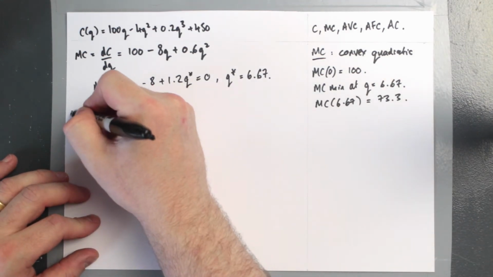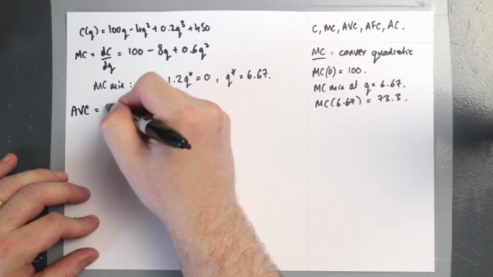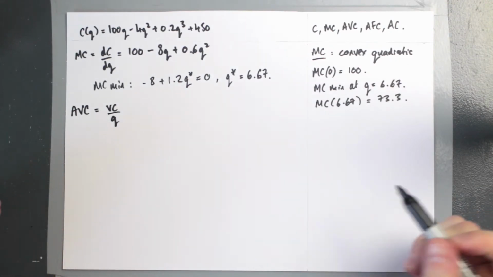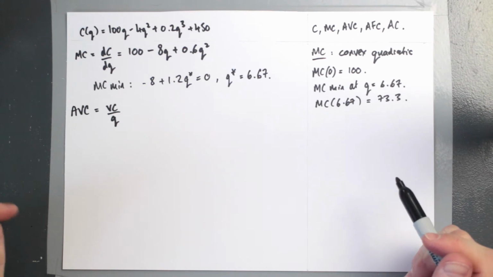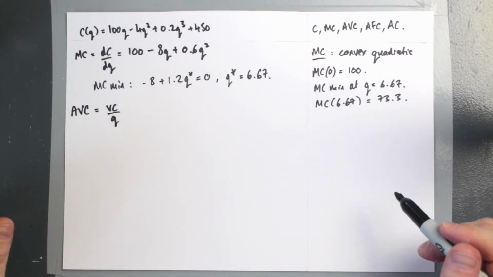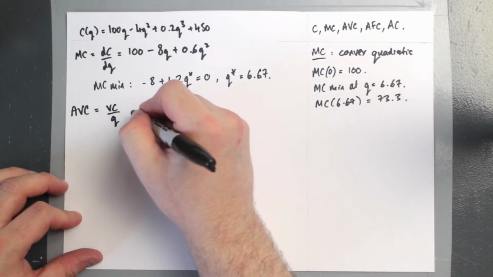Okay, let's have a look at average variable cost. We know average variable cost is variable cost divided by q. It's defined for q greater than 0. It's not really defined at 0, although in this case, we can write down where the curve approaches at 0.